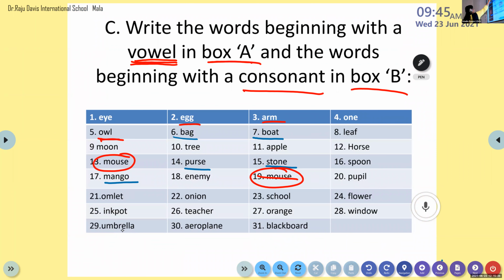Rayan? Yes. Abel, come on, Abel Sijo. Yes. Read the next word. We are finished with omelette. Now just move on to the 22nd word.